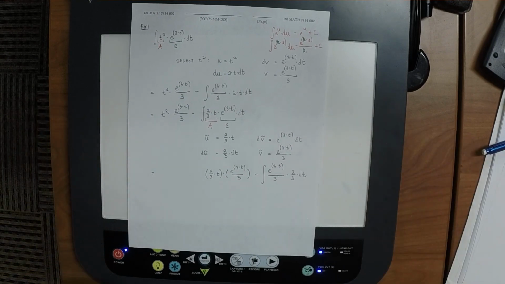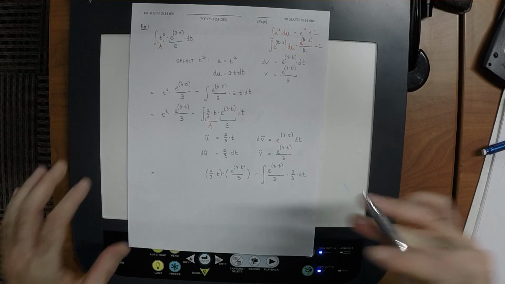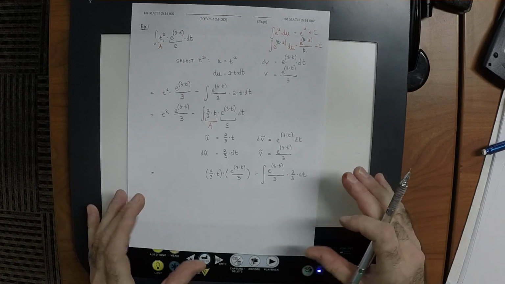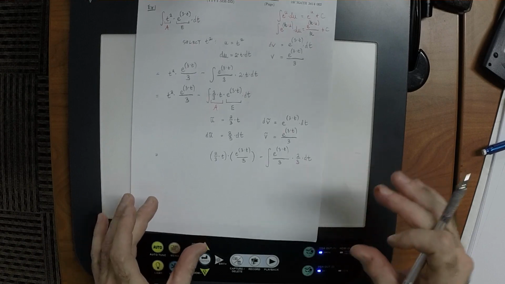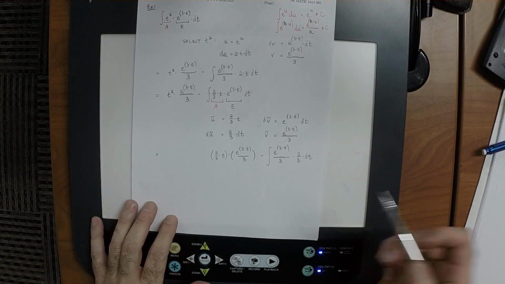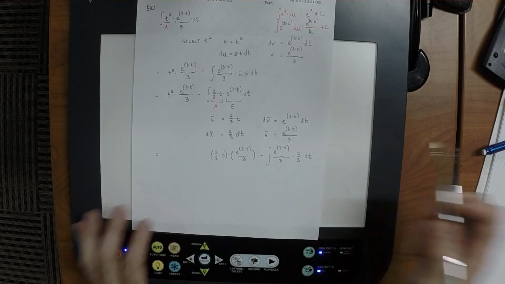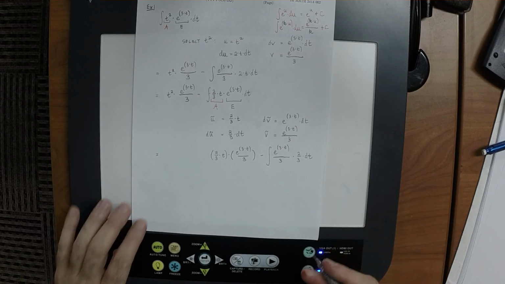Okay, and now I want you to imagine that I've stopped. That this is all I'm going to write. Okay, so for this line, do I have it correct then? I'm going to keep going, but I'm saying that there's something wrong with this line here. Somehow I wrote uv minus antiderivative v du, but nevertheless something's not right.